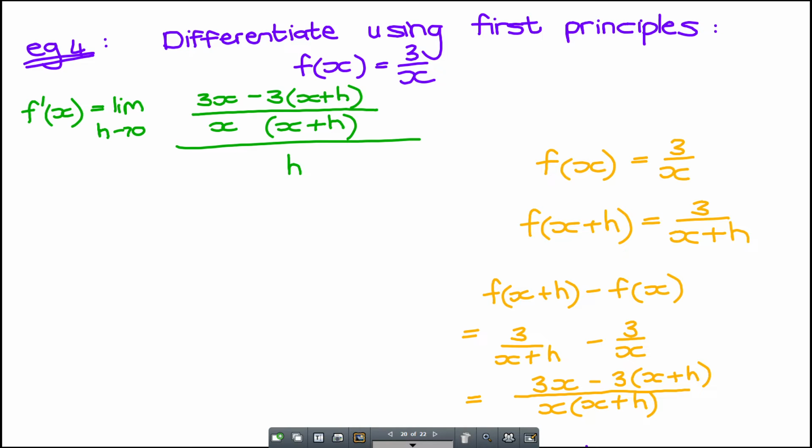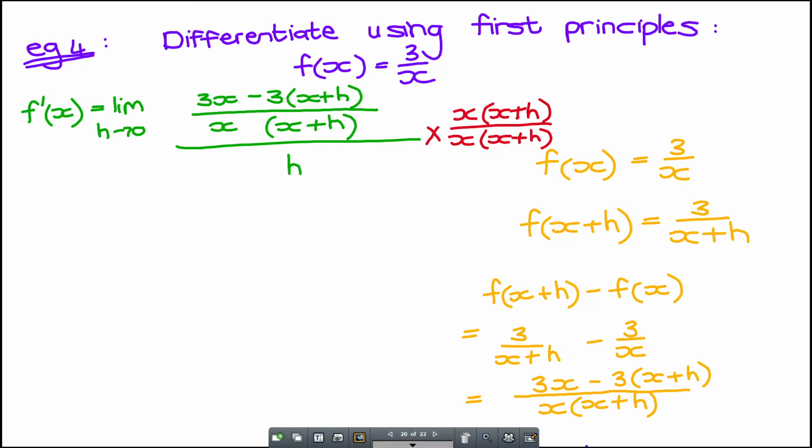Over h. Nee? Right. Then, I don't want a fraction within a fraction. Nee, jy kan nie dit nou al kanselleer nie. So nou gaan ek sê, gaan maal dan met x + h. But if I do it at the top, I also have to do it at the bottom. Nee?